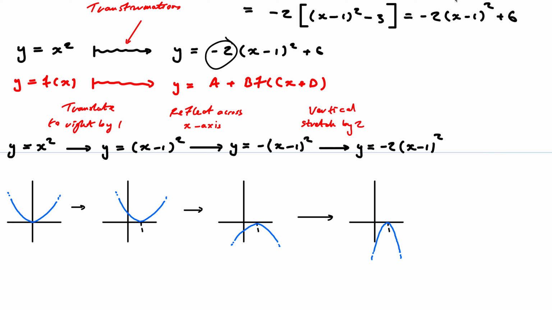And finally, what happens? Well, I need to translate up by 6, don't I? So I hope I can fit this. Just very tight in. Okay, so this now is translate up by 6.